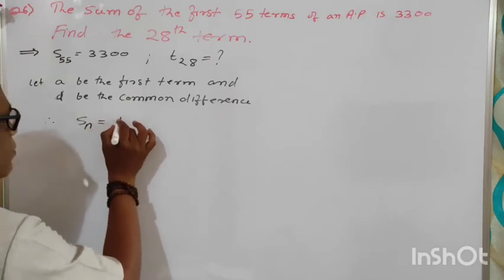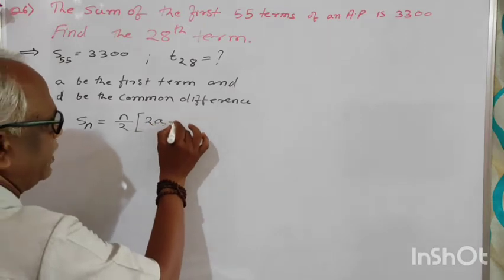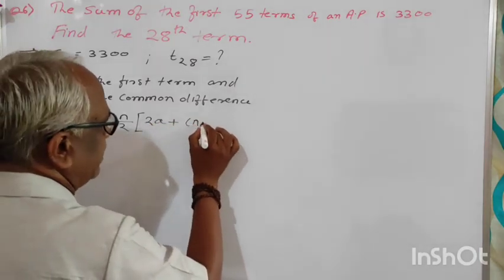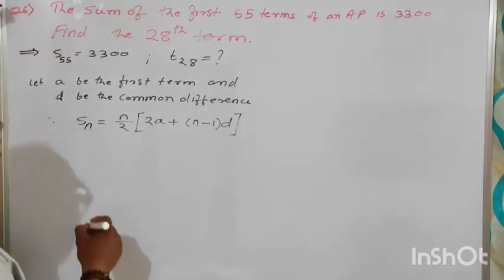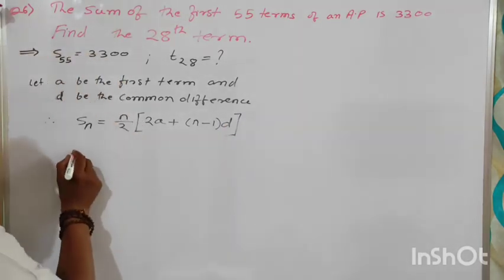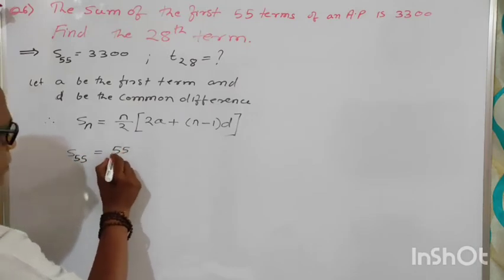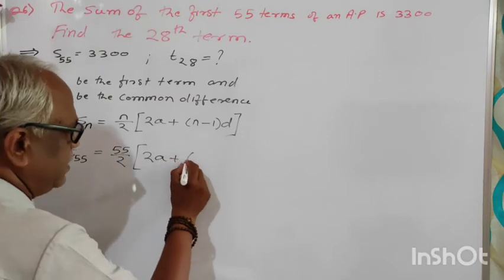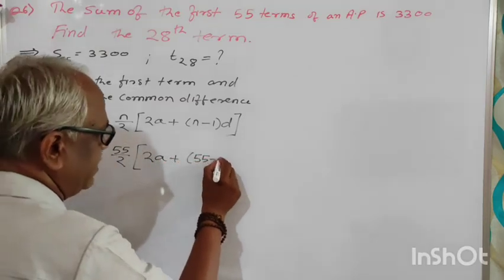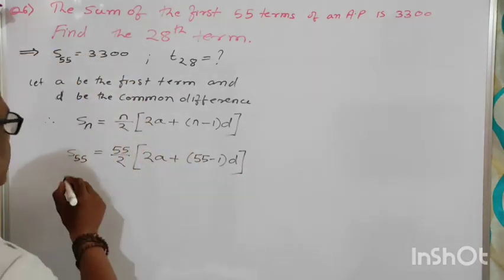Sn is equal to n upon 2 in bracket 2a plus in bracket n minus 1 into d. Now S55 is equal to 55 upon 2 in bracket 2a plus in bracket 55 minus 1 into d, bracket complete.